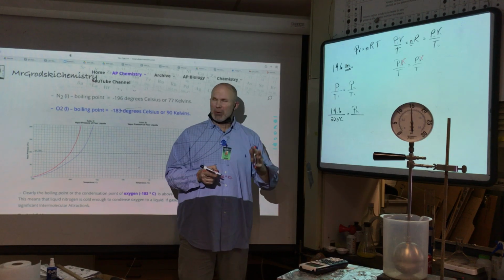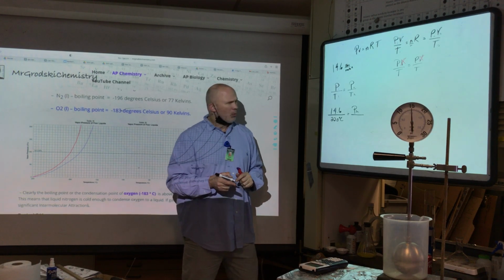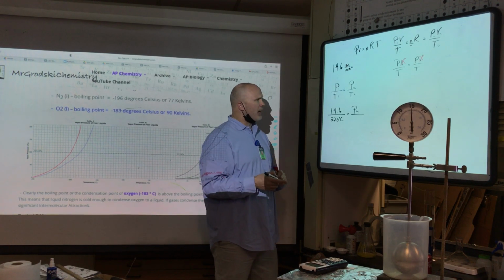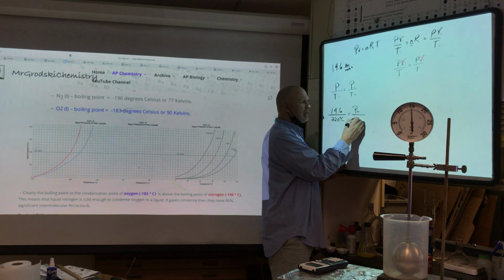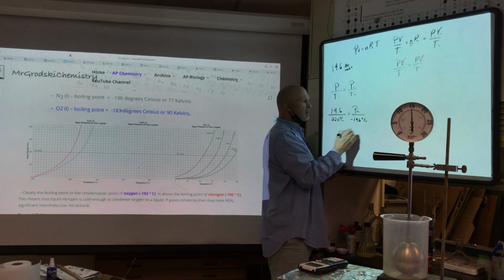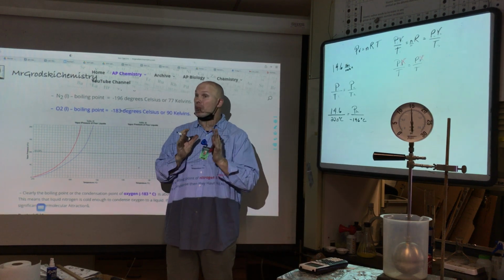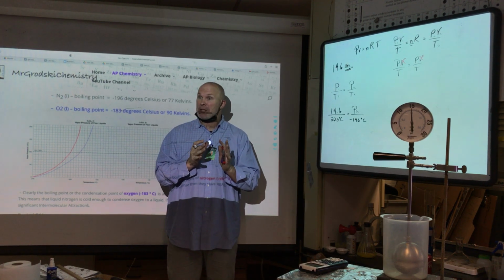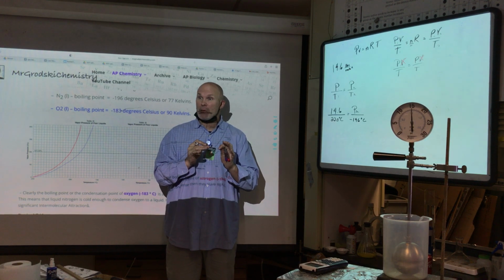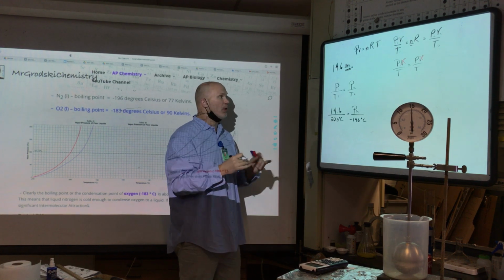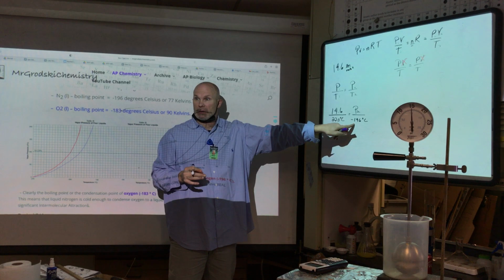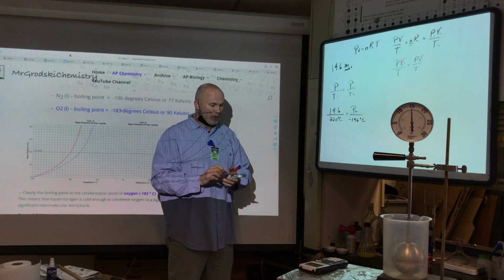There is some wiggle room there, but not enough to change what this is about. So we are at negative 196 degrees Celsius. Any temperature-related gas law is based upon Kelvin temperature. We have to know how many degrees away from the real zero, so I cannot use Celsius. I've got to convert to Kelvin.